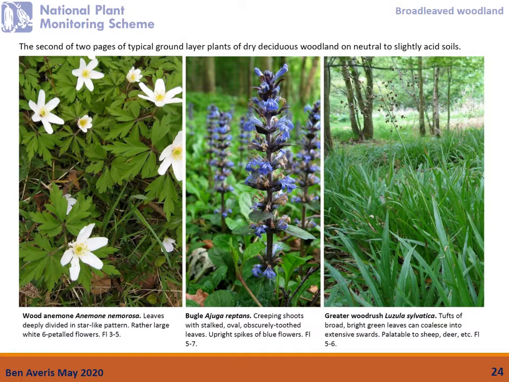It's a great big thing, and it can form dense swards like we see here of these bright green leaves and taller stems coming up from them with branched masses of tiny little brown rush-like flowers, very palatable to grazing animals, to the big herbivores. So if you see a lot of it, it's probably an indication that grazing has been on the light side at least for a while, and maybe still is.